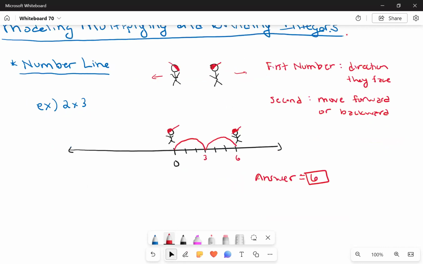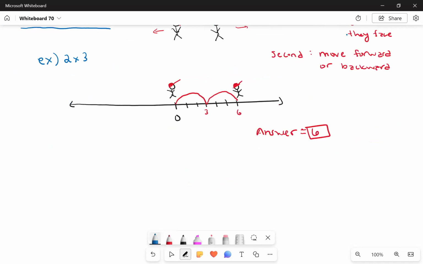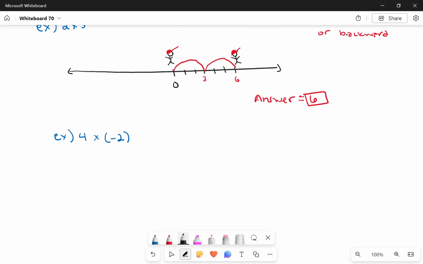All right, let's try it again. Let's do 4 times negative 2. The first number gives us direction.